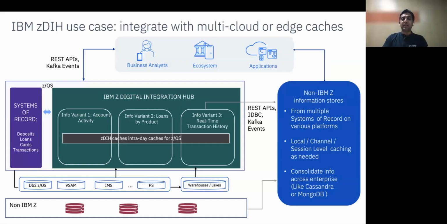Here you can see account activities, loans by product, and the real-time transaction history. All these types of information can be made available in the ODS with standard interfaces, so that our consumers can access it. This ODS can be on multi-cloud or edge cloud. We are again using standard interfaces to interact with the ODS.